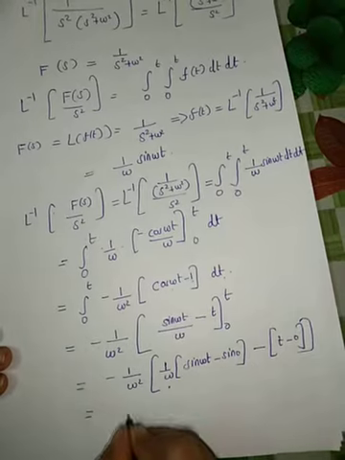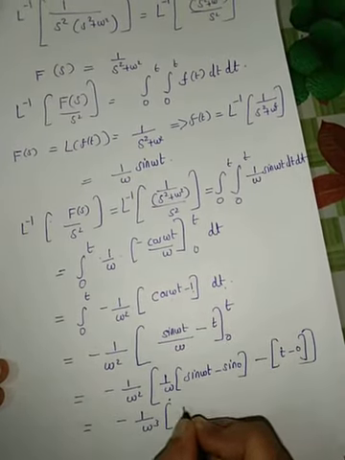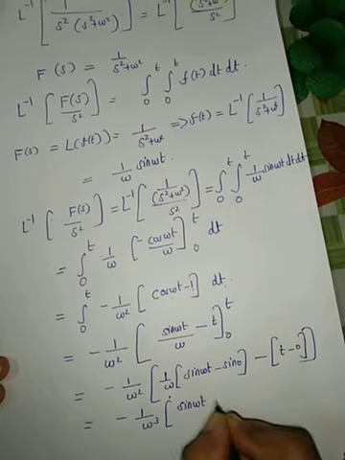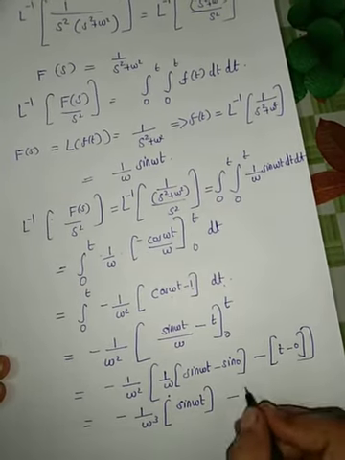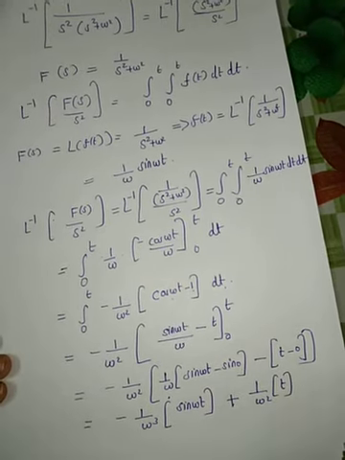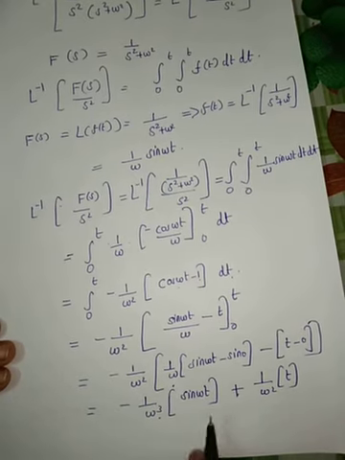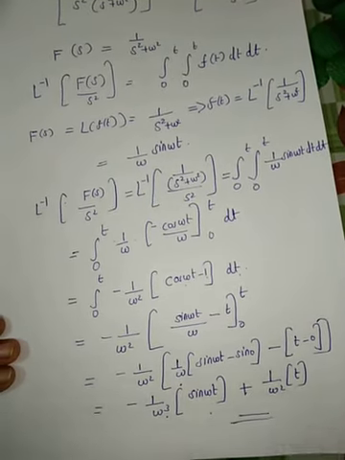Therefore that is equal to minus 1 by w cube into sin wt, plus 1 by w square into t, since sin 0 is 0. So this is the final answer: minus 1 by w cube into sin wt plus t by w square.